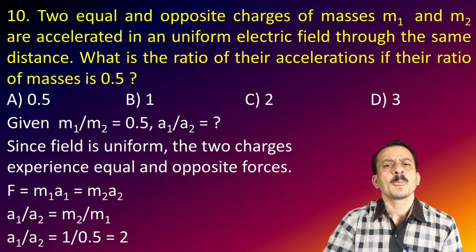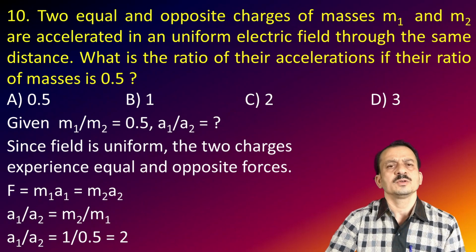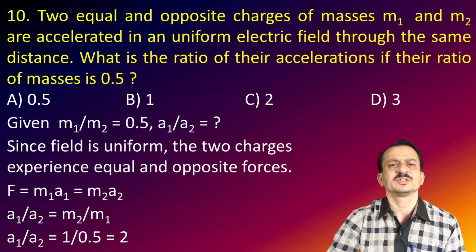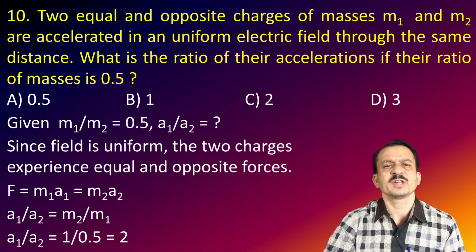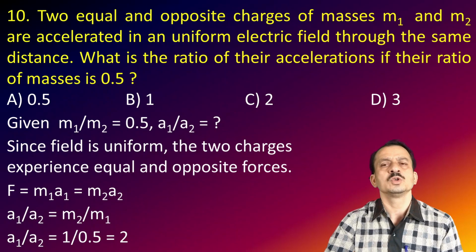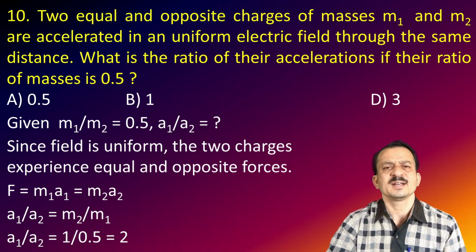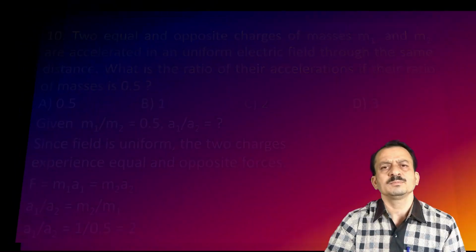Now m1 by m2 is 0.5, so m2 by m1 is 1 divided by 0.5. Therefore the ratio of the accelerations a1 by a2 is equal to 2, and hence answer C is the right answer. Move on to the next problem.